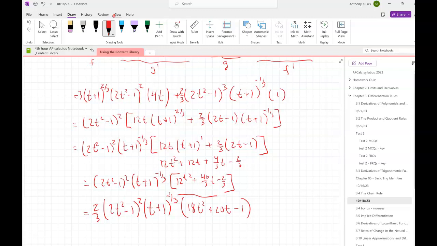What did I do wrong then? Okay. I think they might have transposed some numbers there. Yeah, they sure as heck did. Oh no, wait a minute.